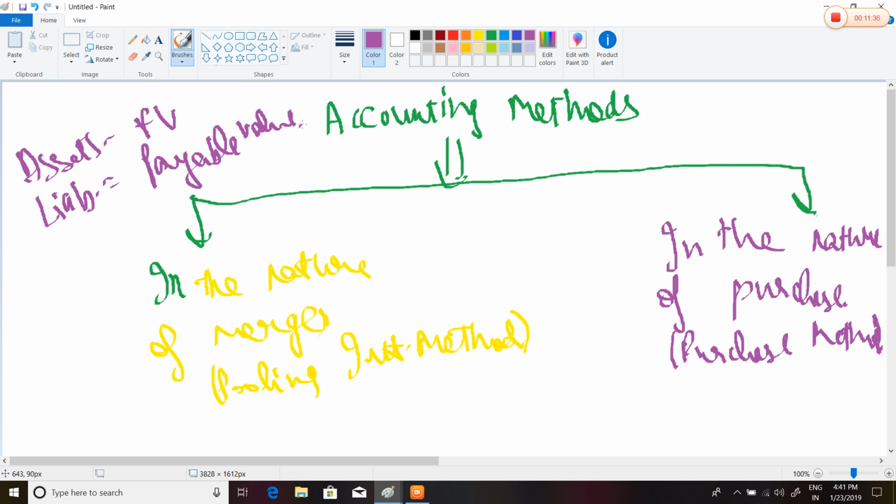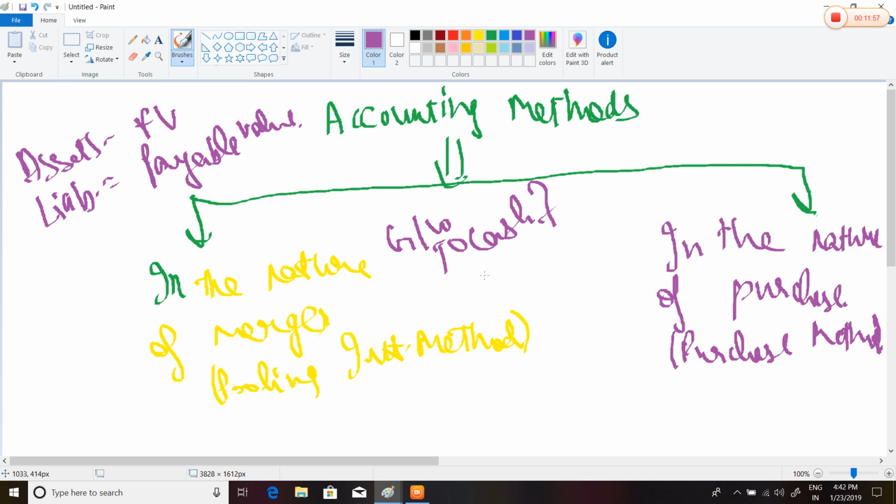The entry would be goodwill to cash in the books of the purchasing company.